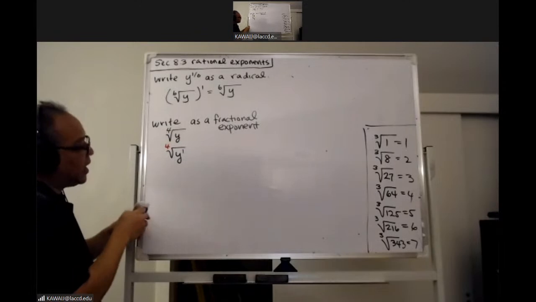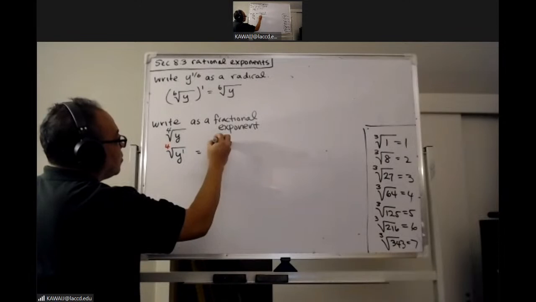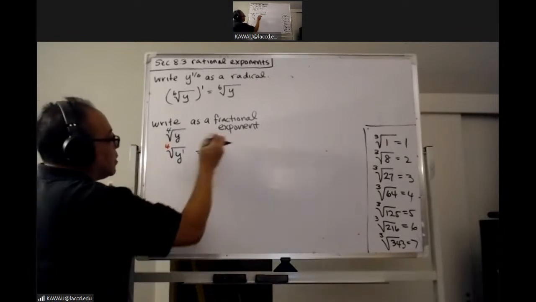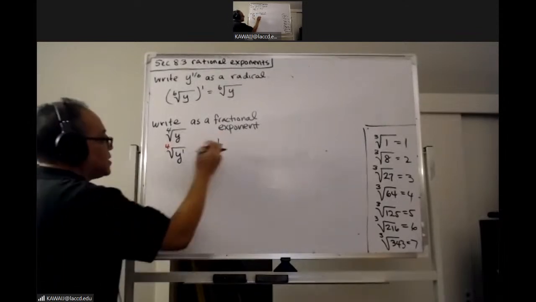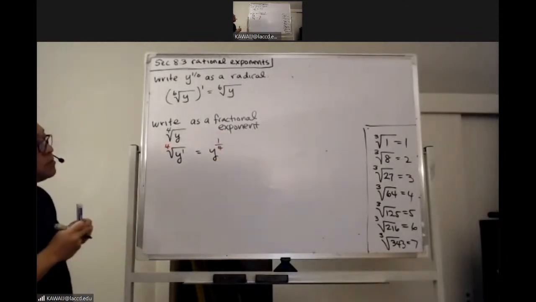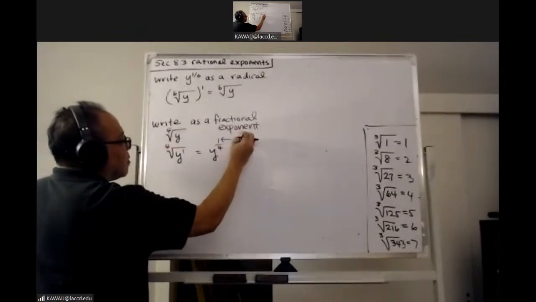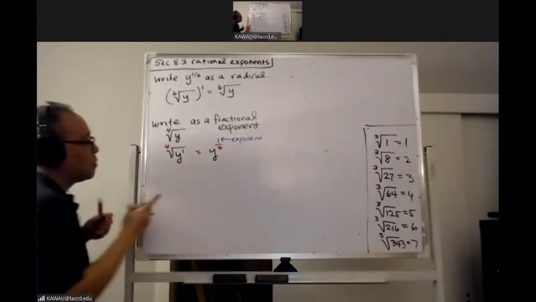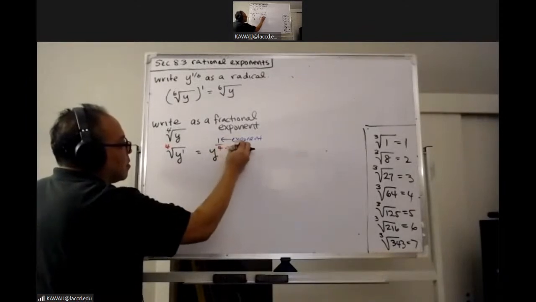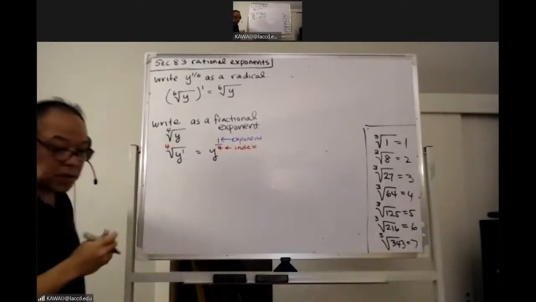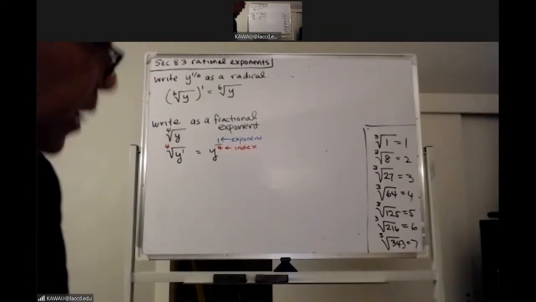So you can write this as y to the 1 over 4. That's my exponent. That's my index.